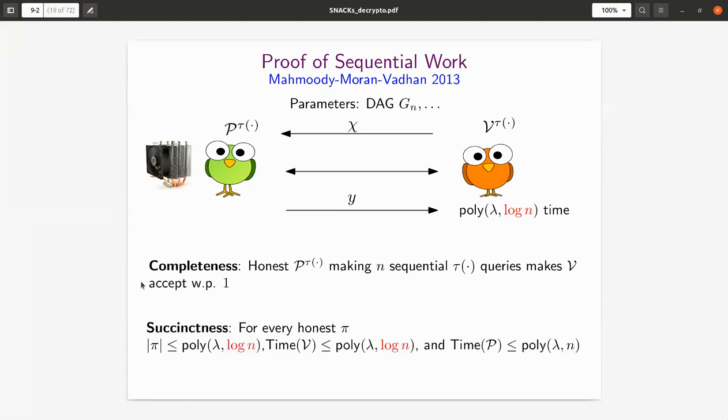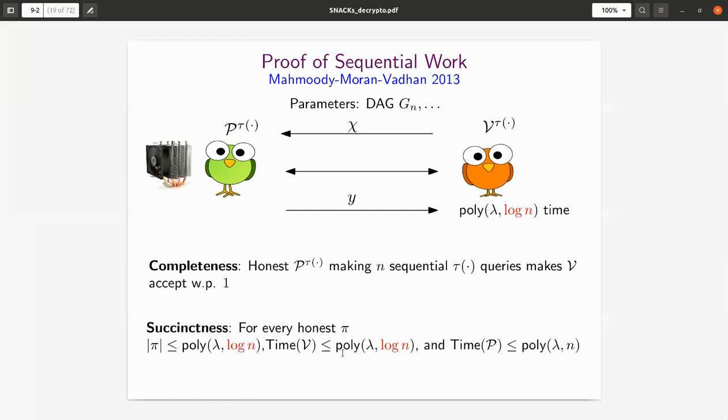We would also require succinctness: the proofs are short and the time to verify them is minimal, all polylogarithmic in n, where n is the time parameter.